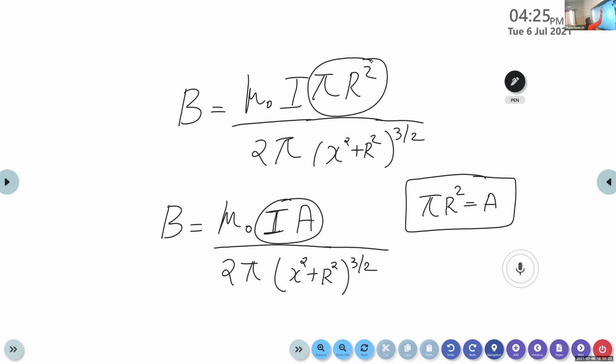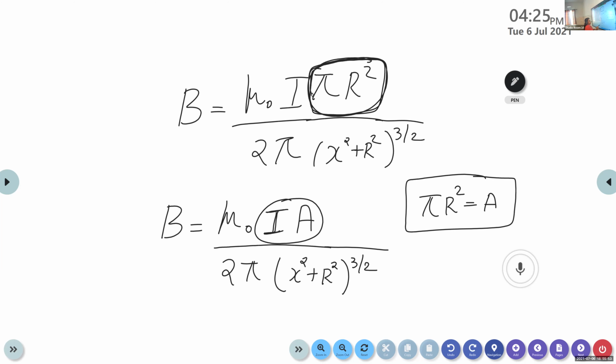In this equation, this π r² represents the area of the circular loop. So that term π r² is equal to the area of the circular loop. So we have B = μ0 I A divided by 2π(x² + r²)^(3/2).